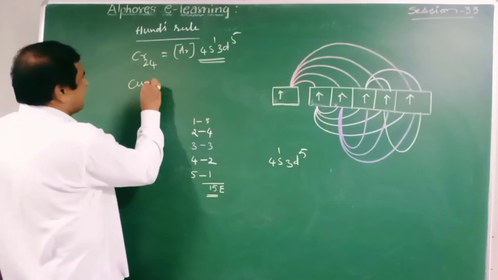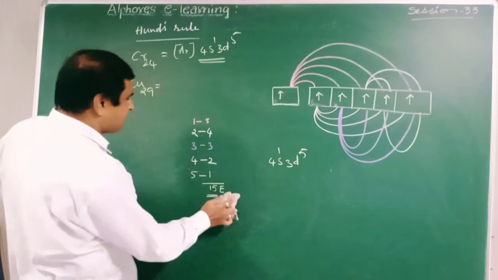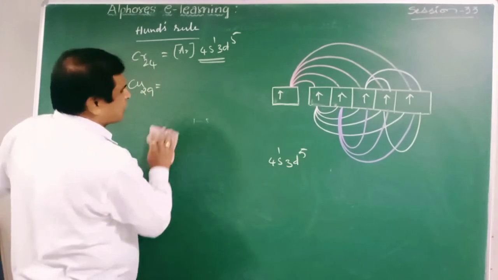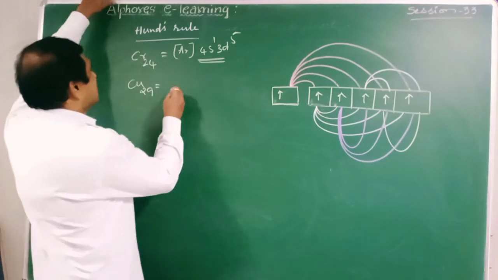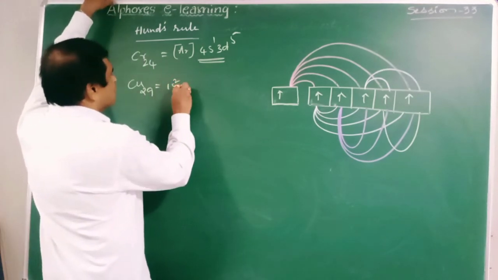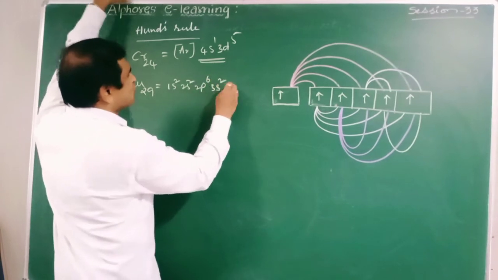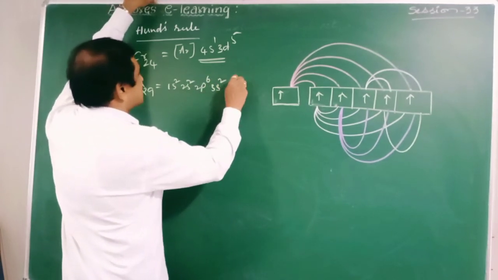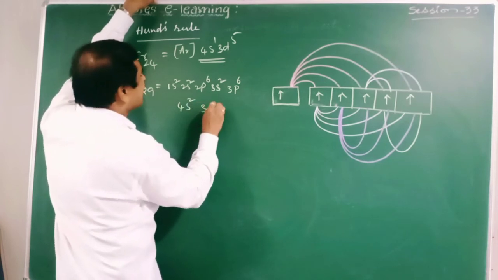The electron configuration of copper is 1s2, 2s2, 2p6, 3s2, 3p6, 4s2, 3d9.